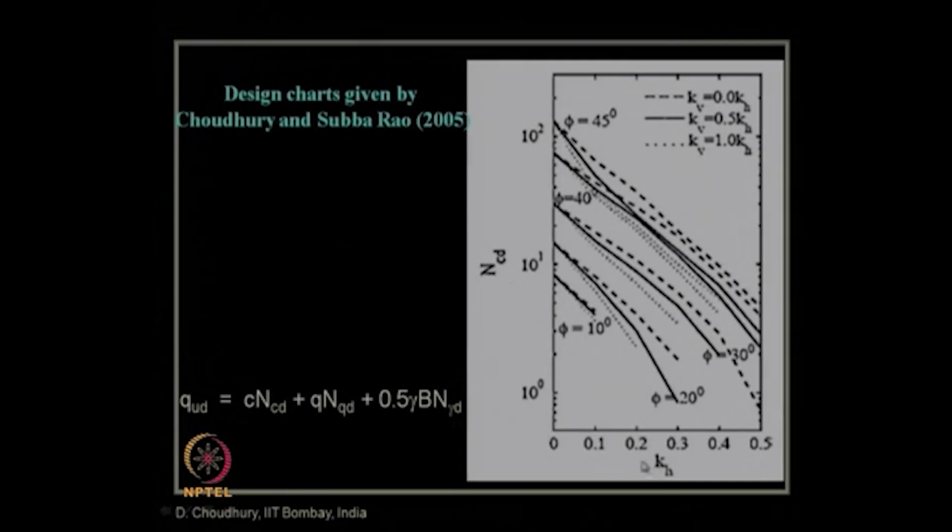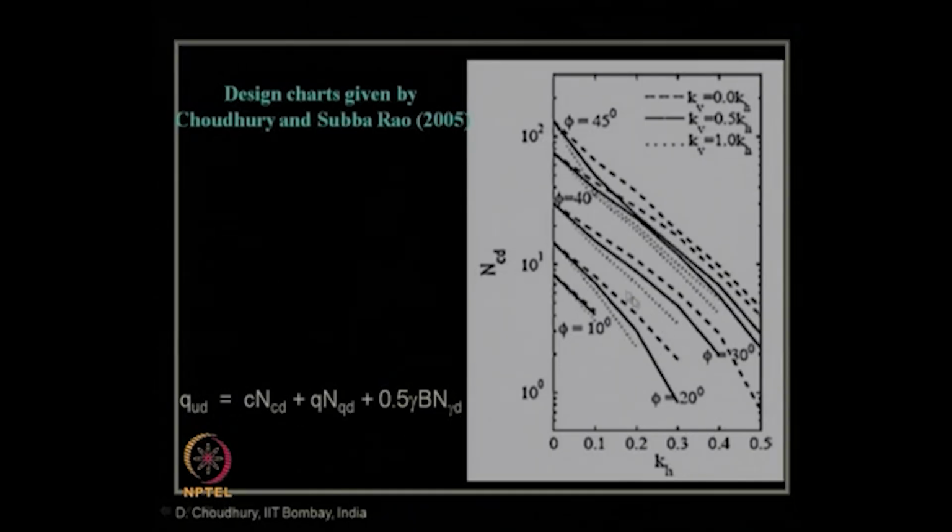We can see that as Kh value and Kv value increase, for different values of soil friction angle phi, there is a significant decrease of this bearing capacity factor. At Kh equals 0 and Kv equals 0, these values are nothing but the static bearing capacity factors, which are equal to Terzaghi's bearing capacity factors, as we had extended Terzaghi's method.